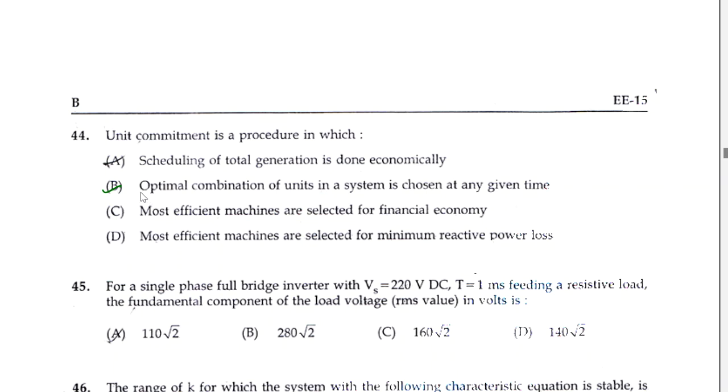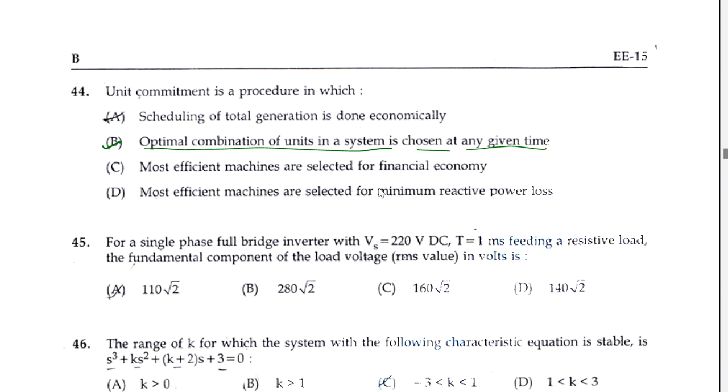Optimal combination means the better choice of the combinations of the units in a system is chosen at any given time. They select different power generating stations so that it will meet the load demand at as low a cost as possible. That's nothing but unit commitment, a procedure in which the optimal combination of units in a system is chosen at any given time.